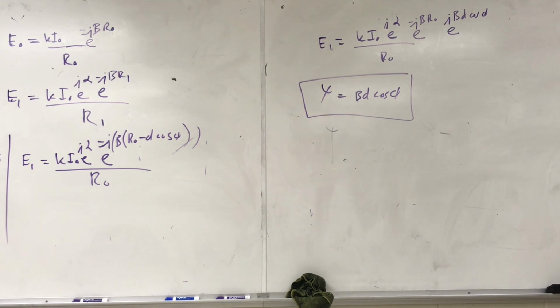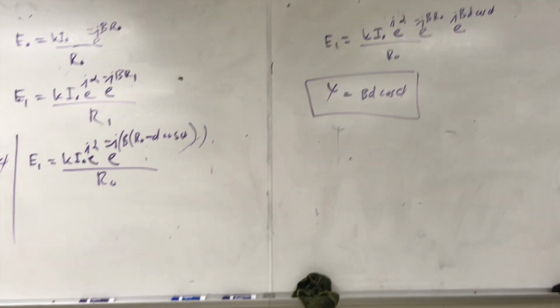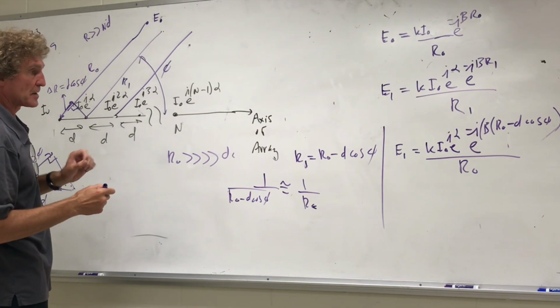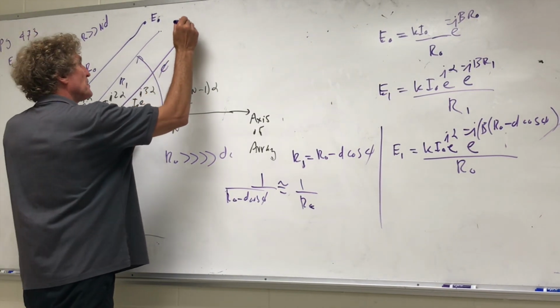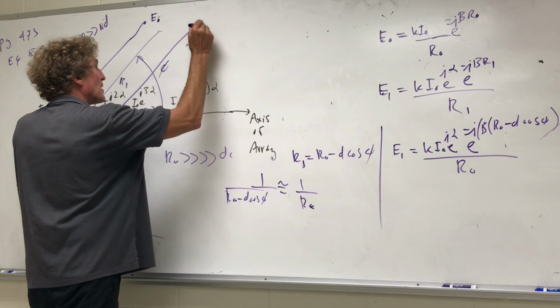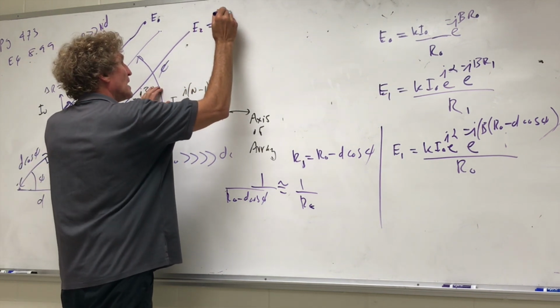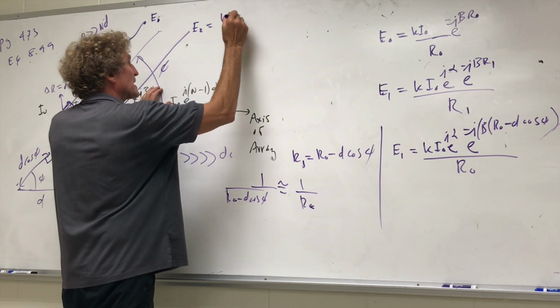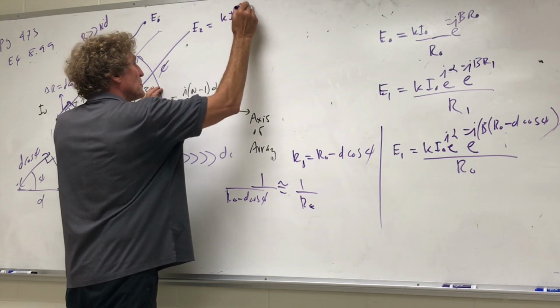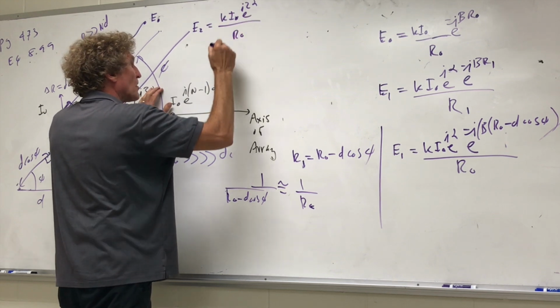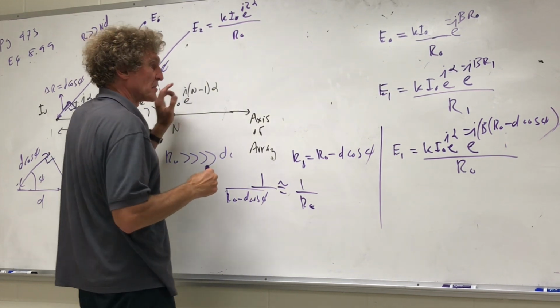And after that, if I look up here at the next one, and I look at the E field from this one, if that was E1, E2 here would be equal to, it would still have the k, I naught, but now the phase angle would be e to the j2 alpha, right? It still would have 1 over r naught here, same magnitude.